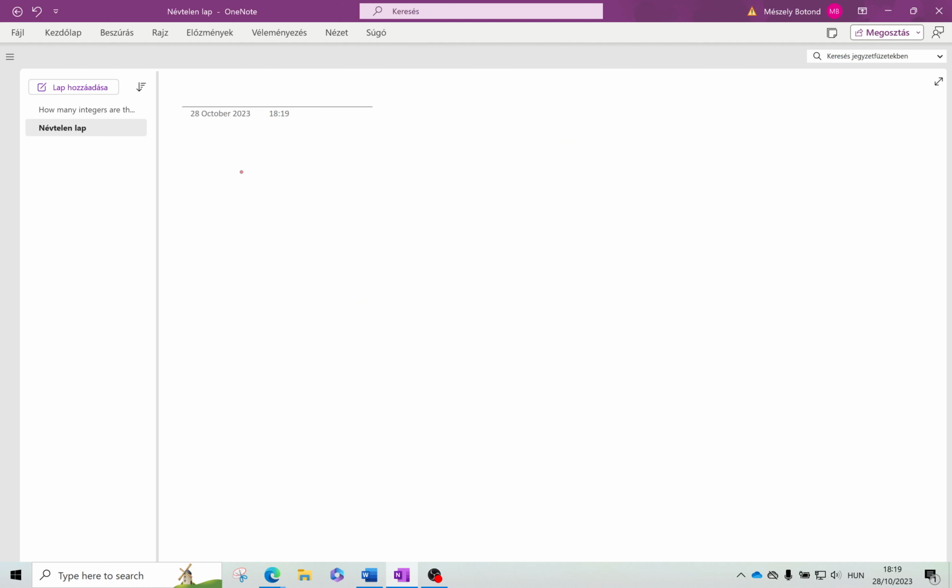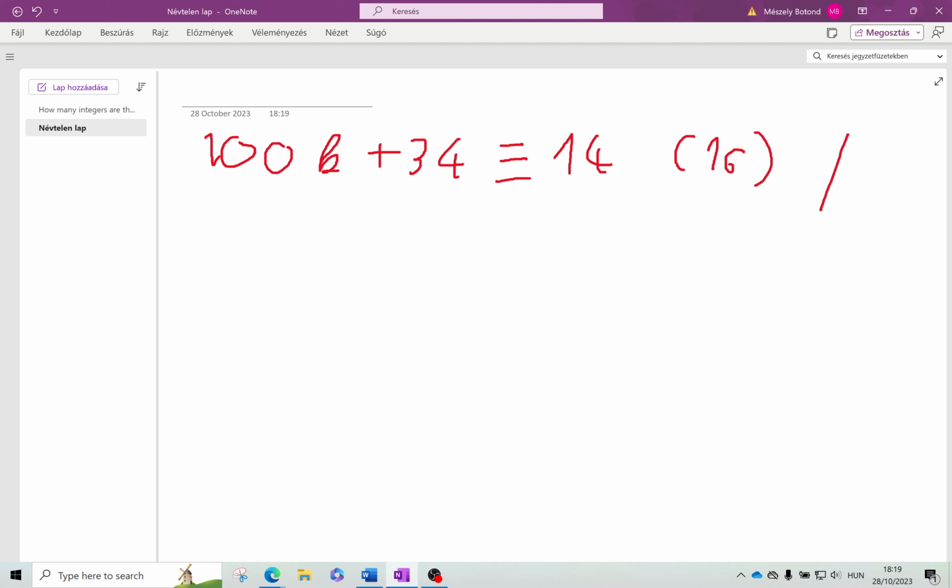So next page. 100k plus 34 is congruent to 14 modulo 16. By the rules of congruences, you can add, multiply, and subtract from the congruence, and it will stay true.